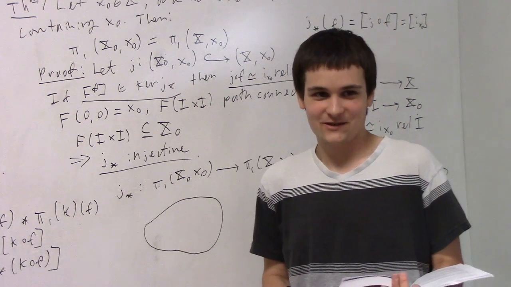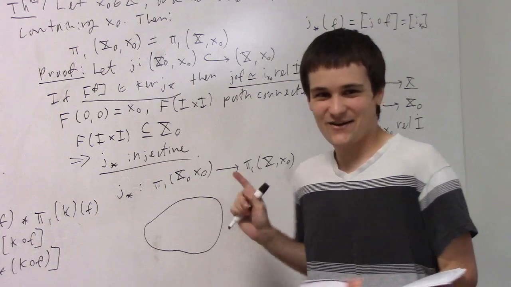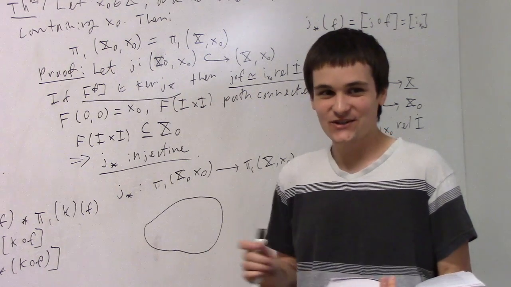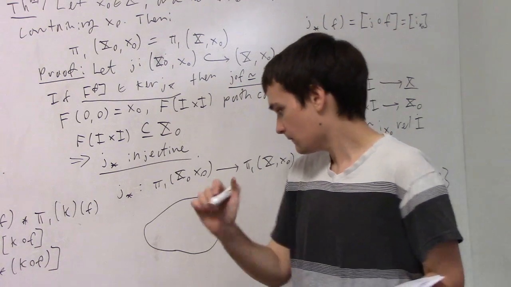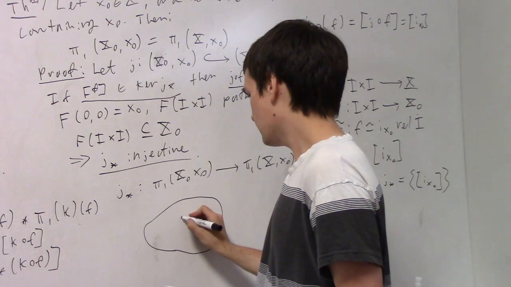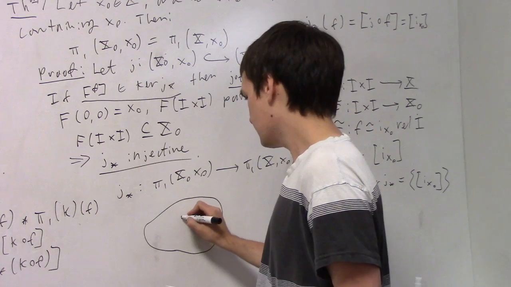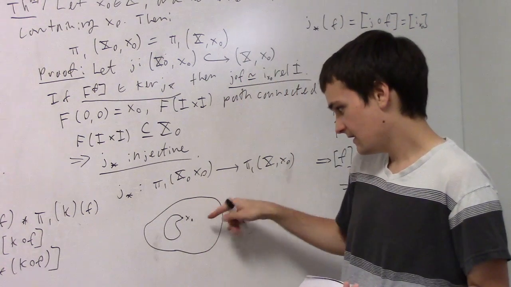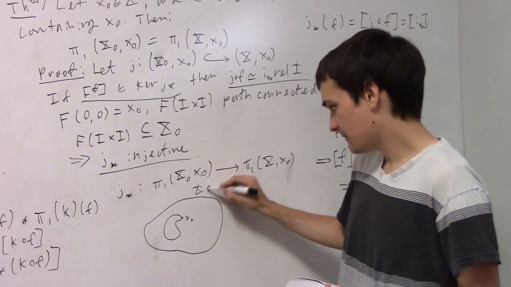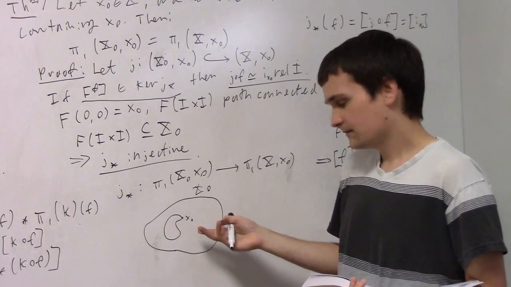So I'll go back to pictures now. What are the elements of pi 1 of X comma x naught? What are those intuitively? They're going to be loops, essentially, closed paths. To be honest, they're equivalence classes of loops.